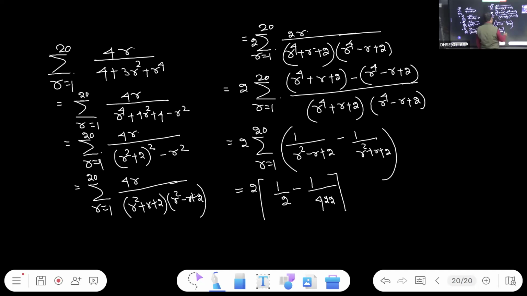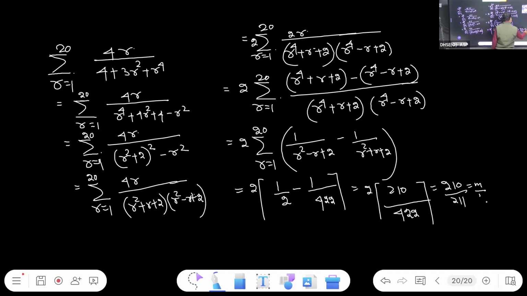This is equal to 2 times, 211 minus 1 upon 422, which is 210 upon 211, equal to m by n. m and n are relatively prime. So m plus n is equal to 210 plus 211 is equal to 421. Okay, this is the answer.